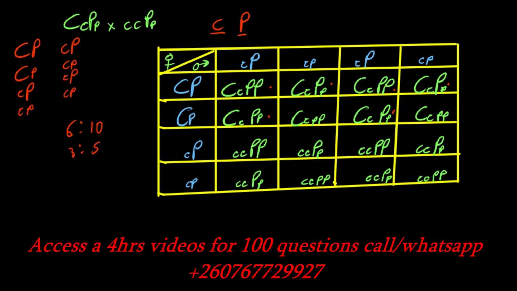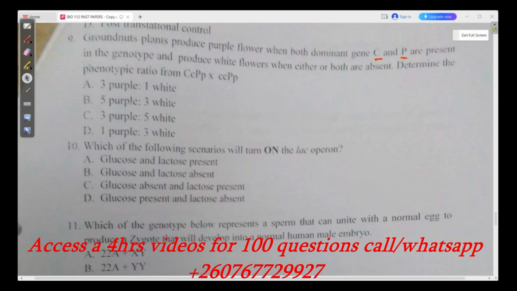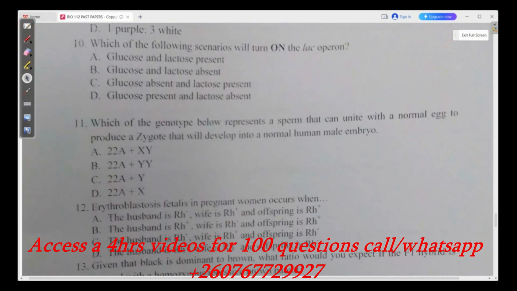That is going to be the phenotypic ratio, 3 to 5. So 3 are going to be purple, 5 are going to be white. As you can see there, our answer is option C. Hence we have answered this question. That's how simple you can answer these questions involving Punnett squares.